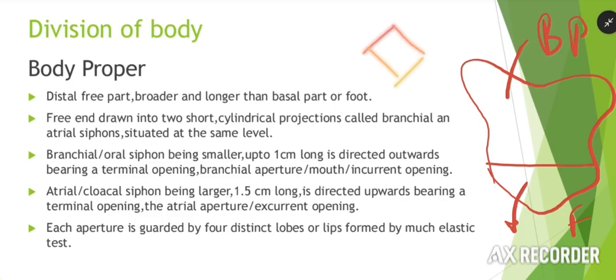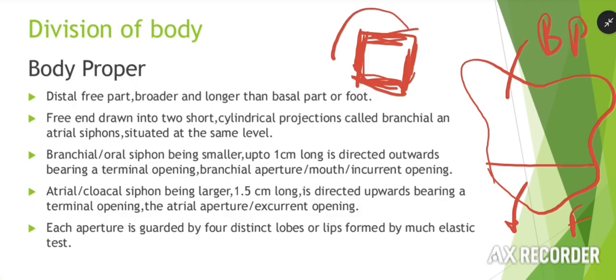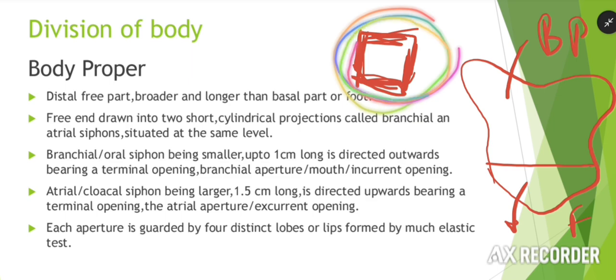These are the four distinct lobes or lips which guard both these siphons. They are made up entirely of test, and they guard the branchial and atrial apertures.